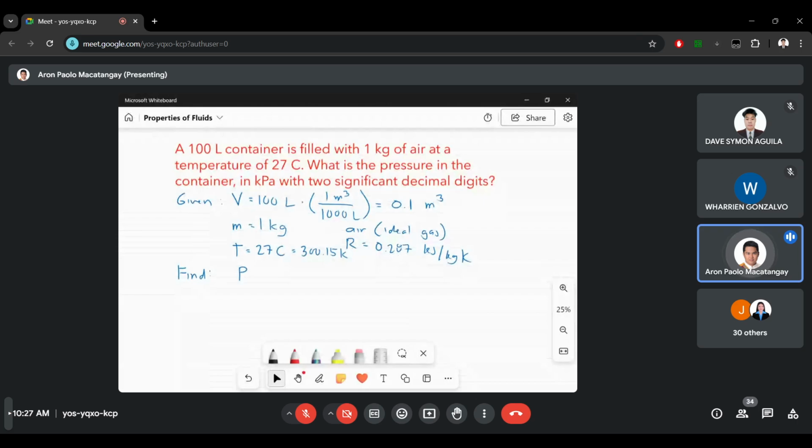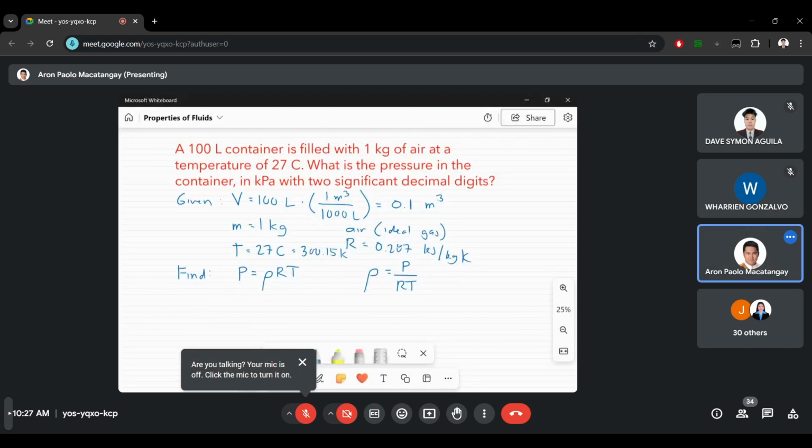So again, going back, remember that our equation for ideal gas is rho equals P over RT. So solving for pressure, pressure then becomes rho RT.